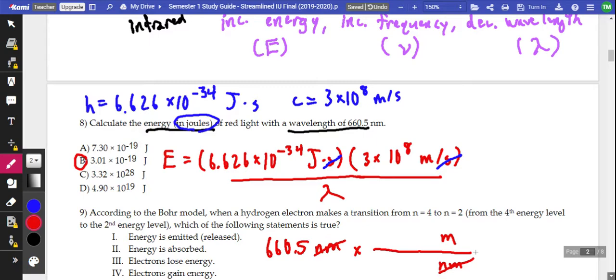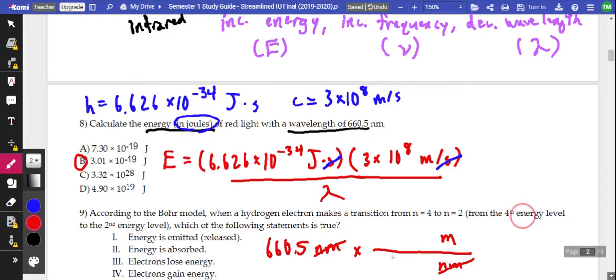The question is, how many nanometers are in a meter, or how many meters are in a nanometer? A nanometer is tiny, very small, so I'm going to say how many nanometers are in a meter. There are 10 to the 9th nanometers in 1 meter.